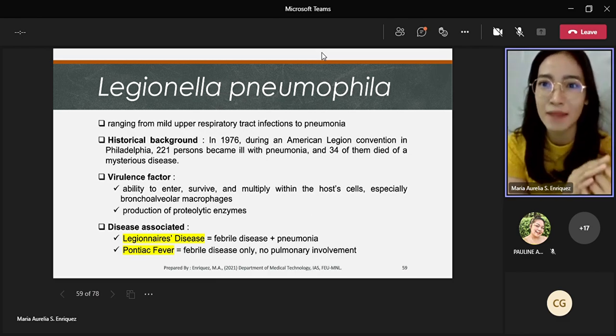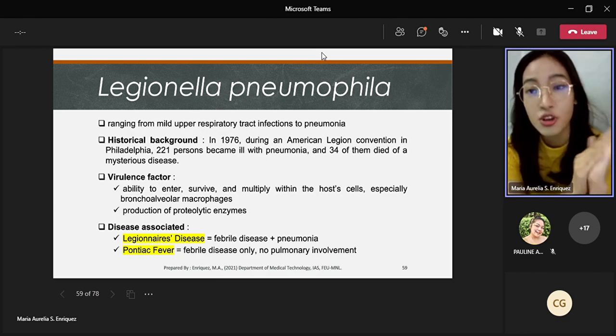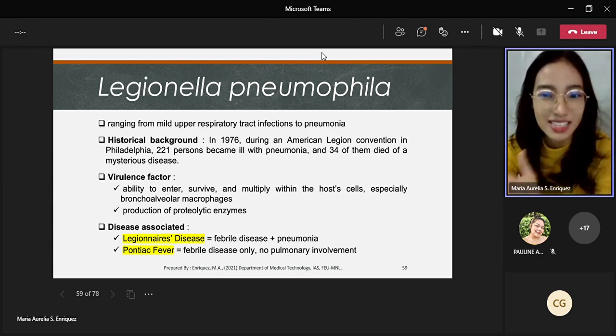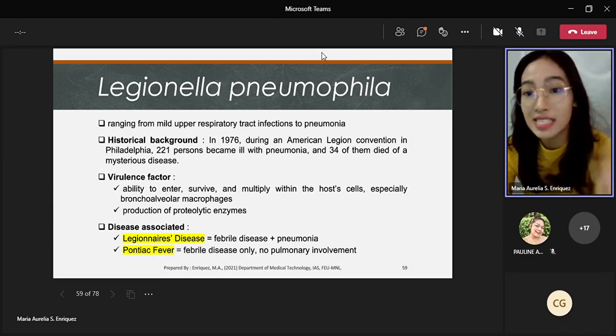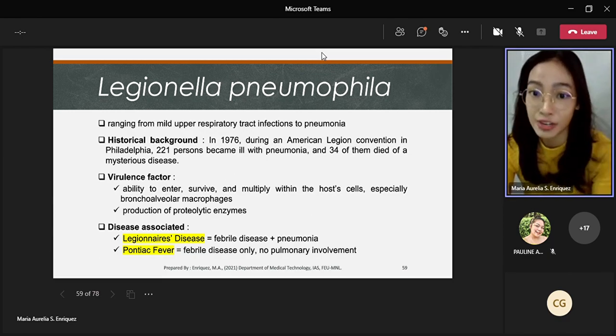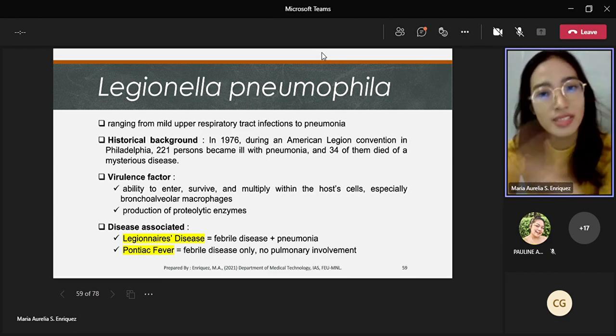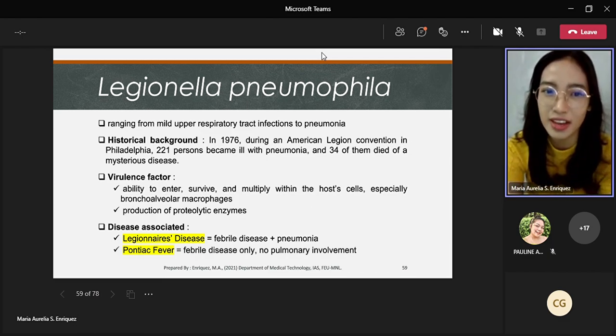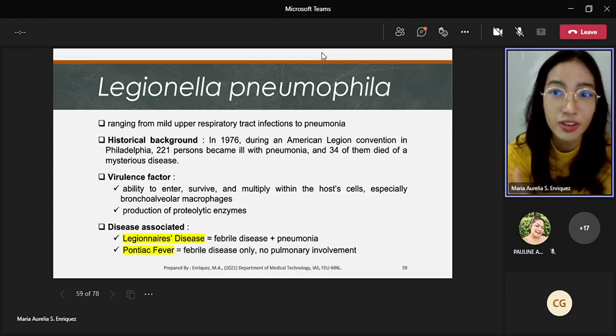Okay, during that time, they did not yet know the cause of the illness. They just knew that the patients presented with pneumonia and some of them died. The causative agent was later identified as Legionella, and the disease was then termed Legionnaire's disease, because it came from the convention of that organization.